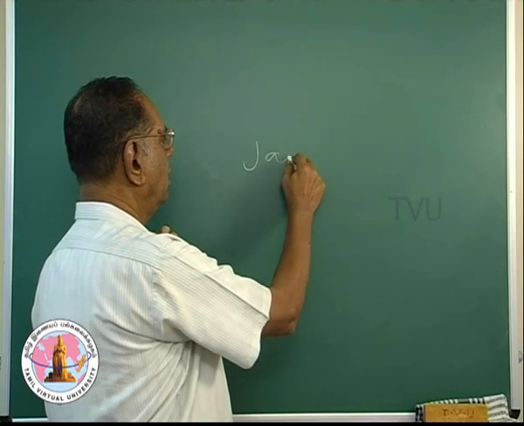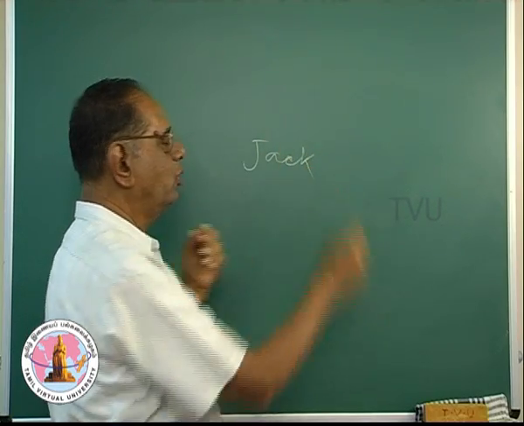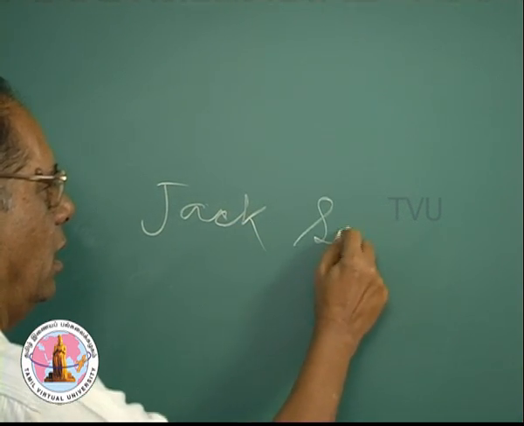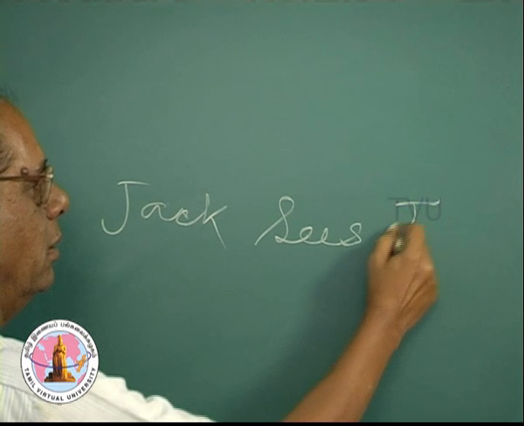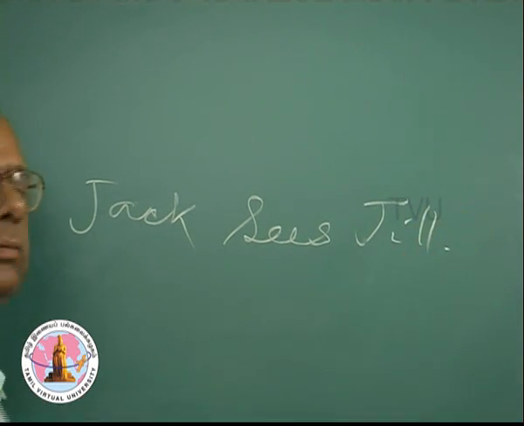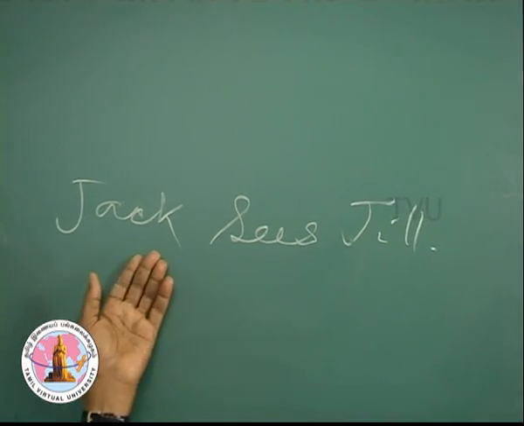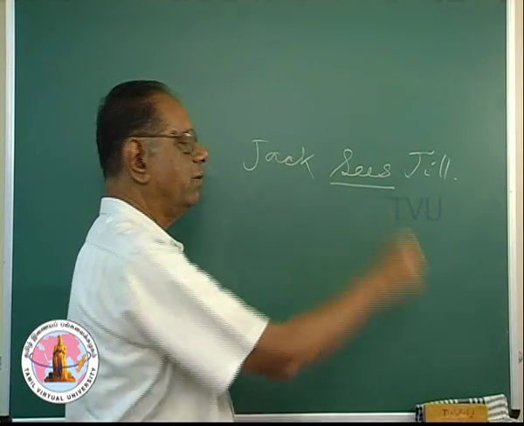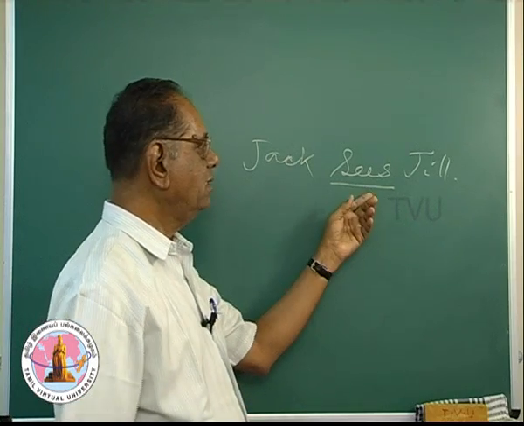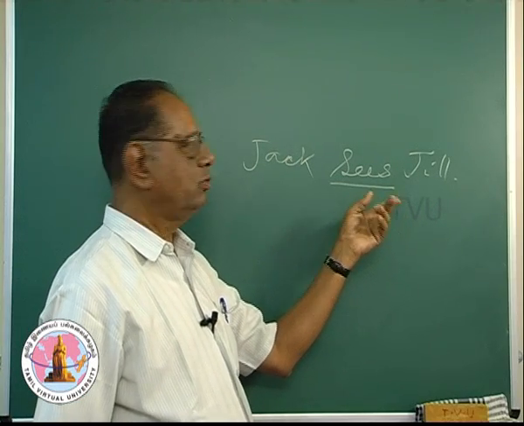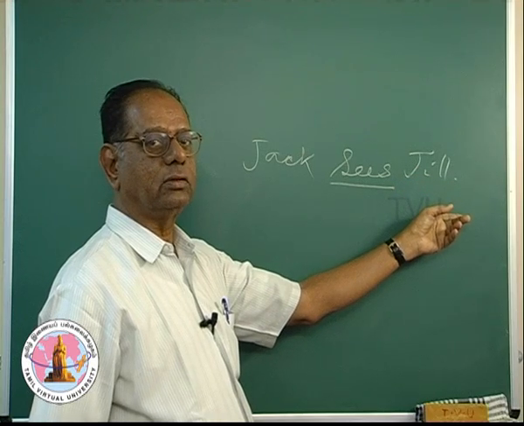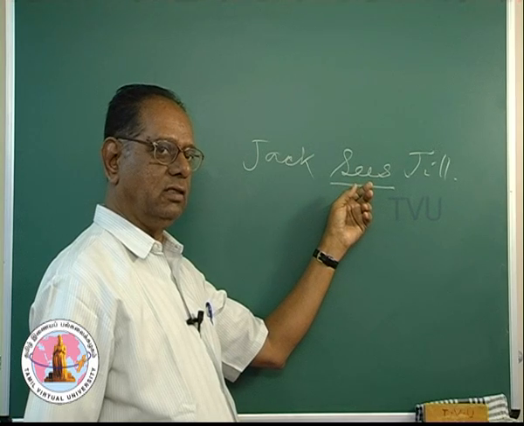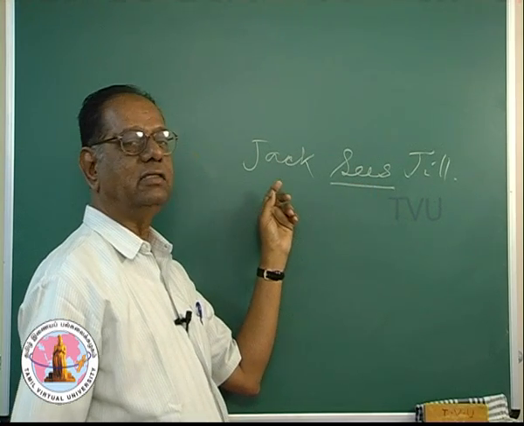Let us have an example. You know the rhyme Jack and Jill, so I am making use of it. Jack sees Jill. This is a finite verb and see is a transitive verb. So, it must have an object. Jill is the object of the verb sees, of which the subject is Jack.